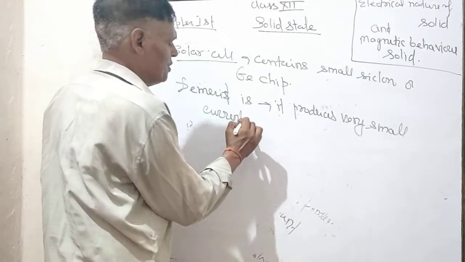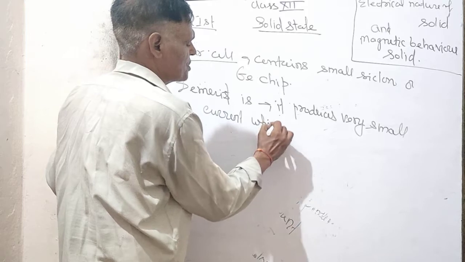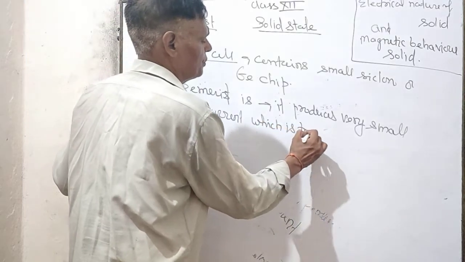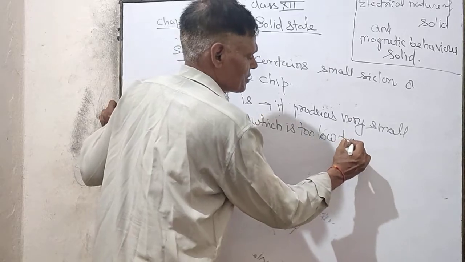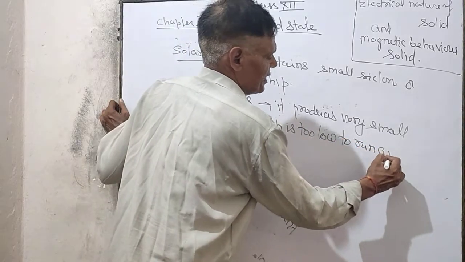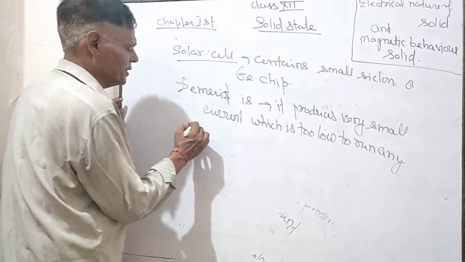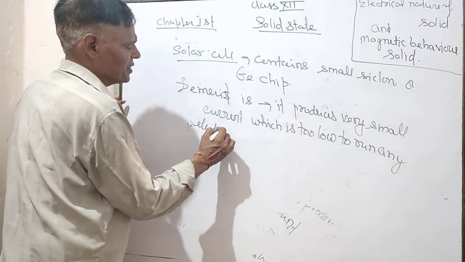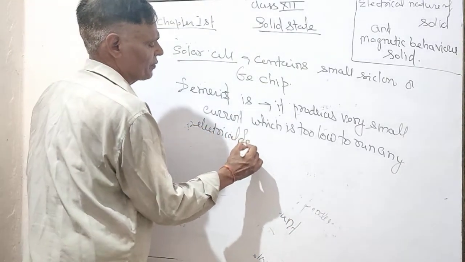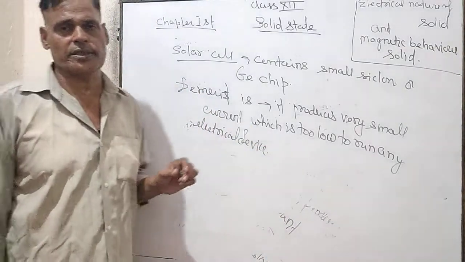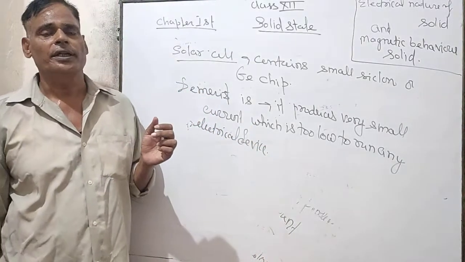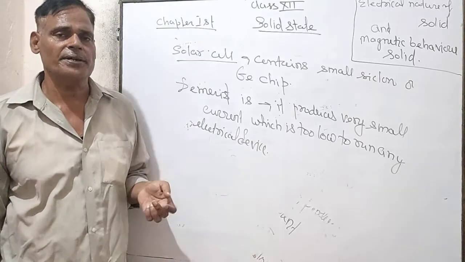Current is generated in solar cells, but the value is too low to run any electrical device.